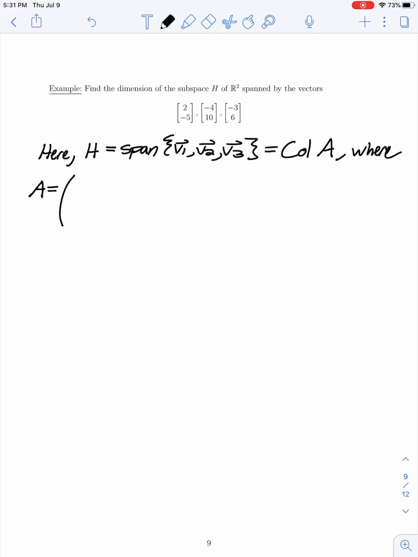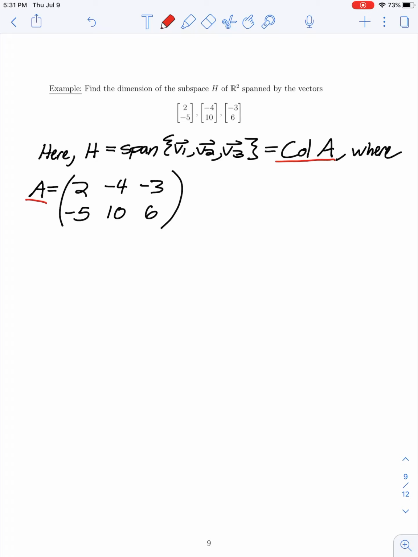So here we just have a 2 by 3 matrix, 2, -5, -4, 10, and -3, 6. So in order to find the dimension of this space, we're looking for the dimension of the column space of a matrix A, shown here, which we've already said is the number of pivot columns for this matrix.